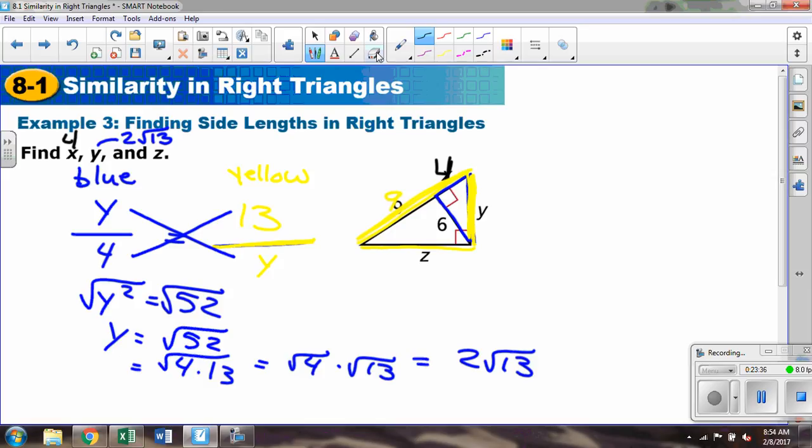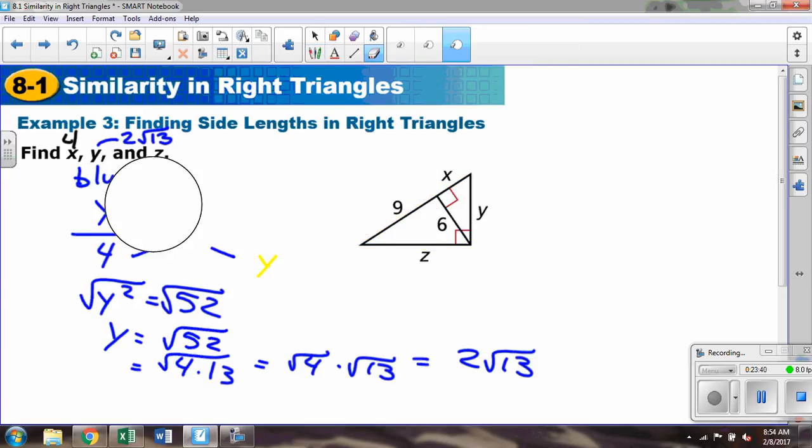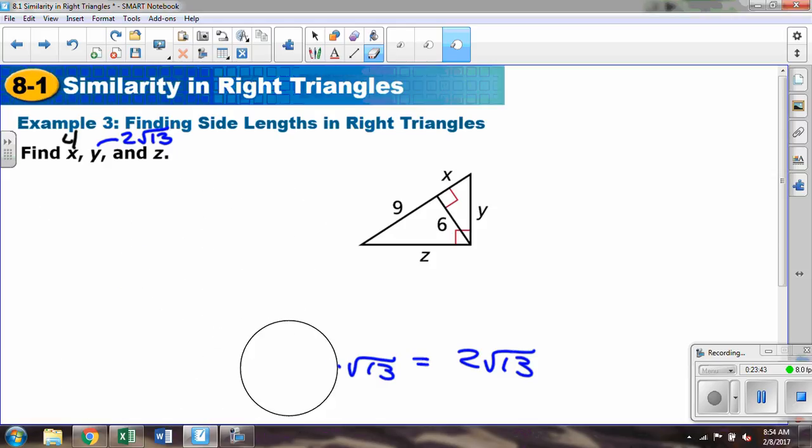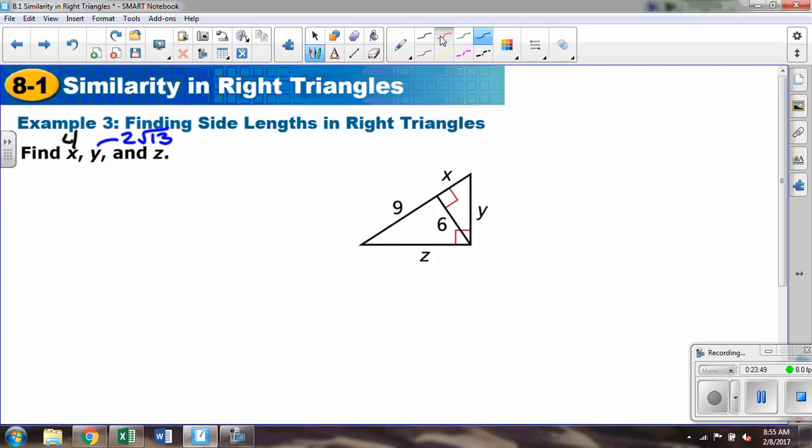And so I've got to clear all of this stuff out, and we have another choice. We can do this a third time. If we choose to do it a third time, z is the hypotenuse for the medium-sized triangle.